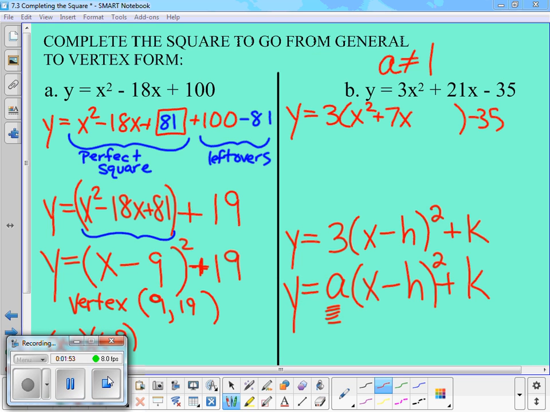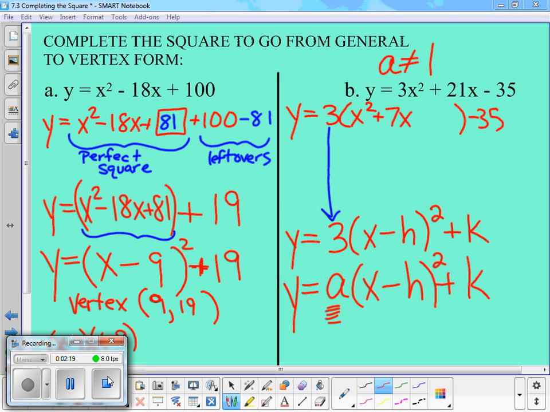The negative 35 jumps out before you even start factoring things. So it's not part of the 'I hope it's divisible by 3.' It doesn't care. It's gone. It left. It thought this was a little too complicated, so the minus 35 is there. So that's the first thing you need to consider: you're factoring out that 3 so that we end up with the dilation out front.